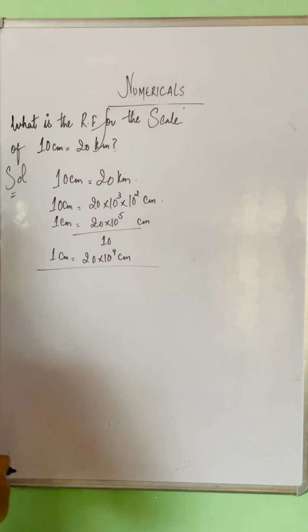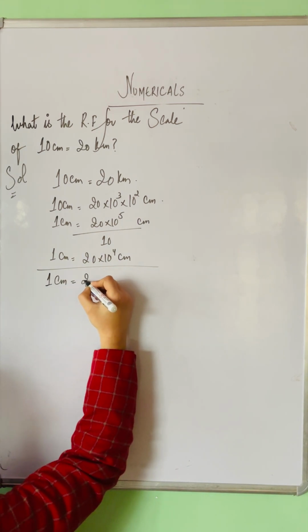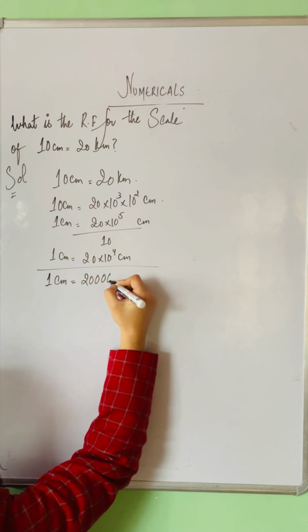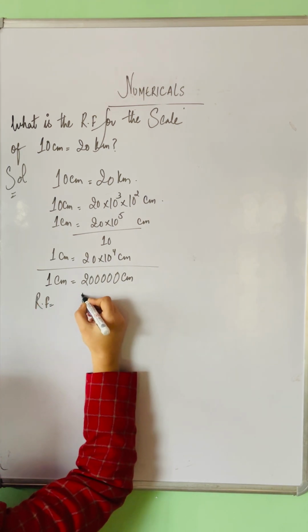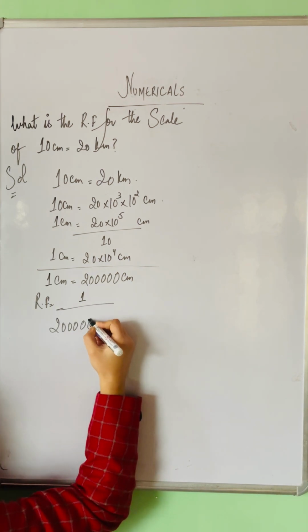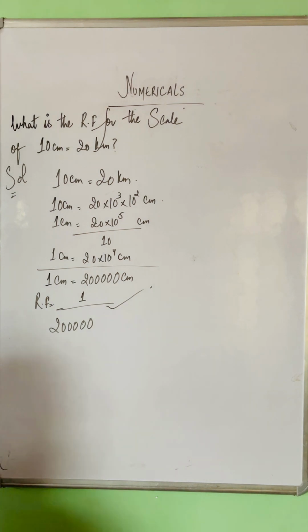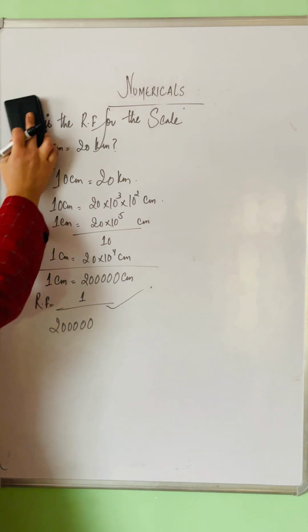So the representative fraction will be, therefore RF is 1 by 20 into 10 raised power 4. So this was the question about the representative fraction. Let's move on.